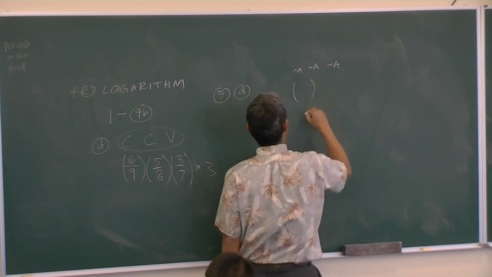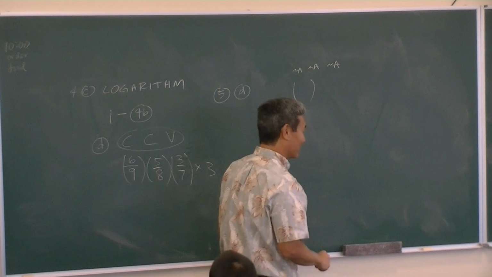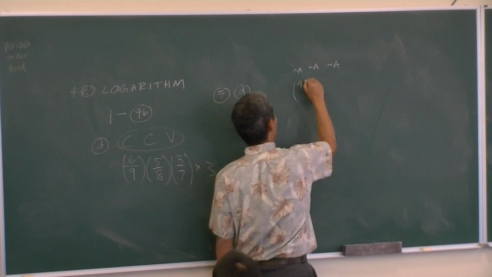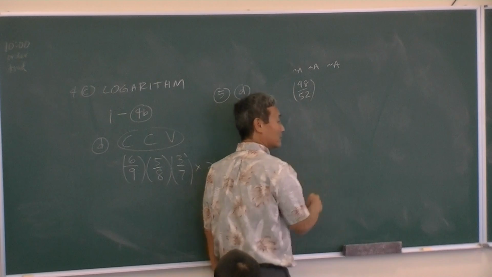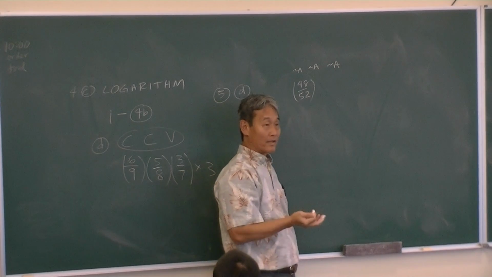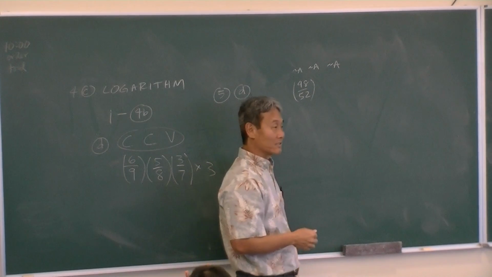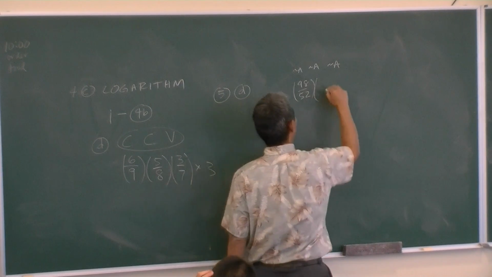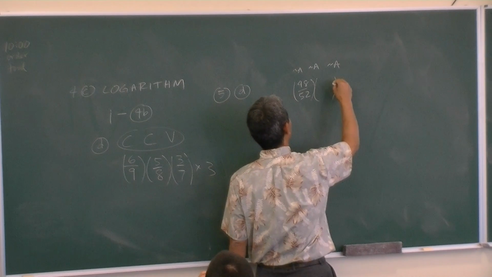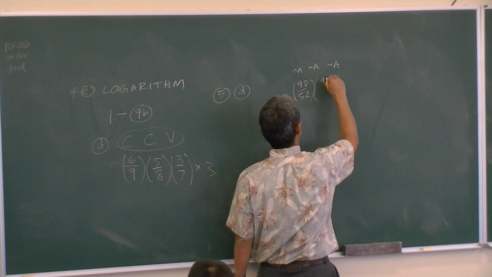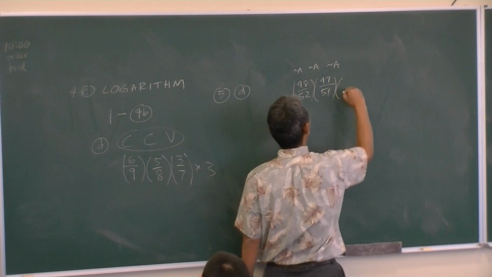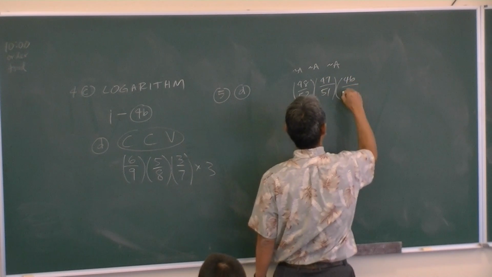What's the probability of pulling out not an ace on the first card? 48 out of 52, right? There's 4 aces in the deck. All the other cards are not aces. What's the probability of pulling out anything but an ace on the second draw? 47 out of 51, and then 46 out of 50.